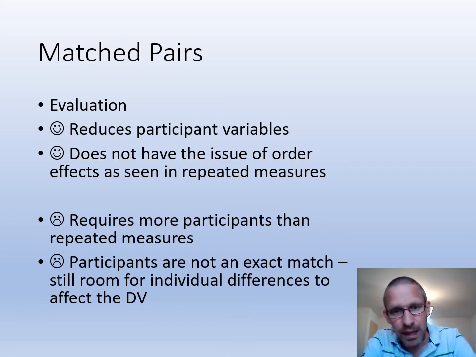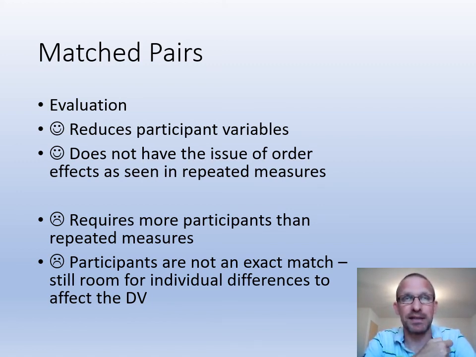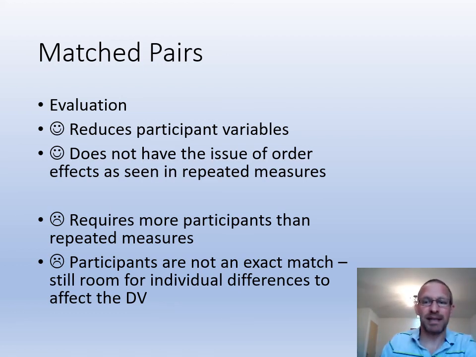But you've still got the standard issue that you will need more participants than repeated measures. And yeah, you're matching them, but they're not clones. There's still going to be an element of participant variables there. Go to the psychology example.